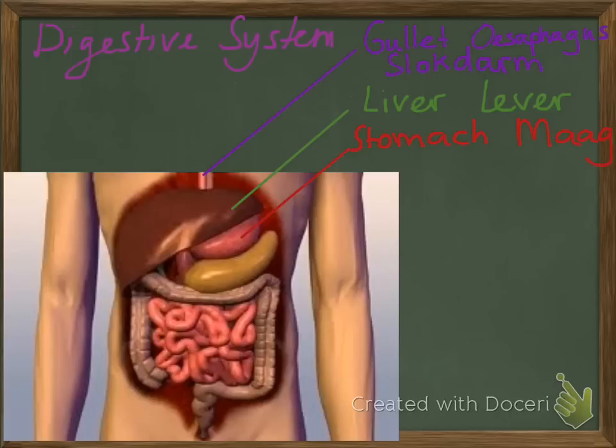After a couple of hours that it's been in your stomach and everything has been dissolved, it passes along. Oh wait, apparently not yet. The pancreas, and in Dutch this is the alvleesklier. The English word might not be easy, but the Dutch word isn't easy either. The pancreas.